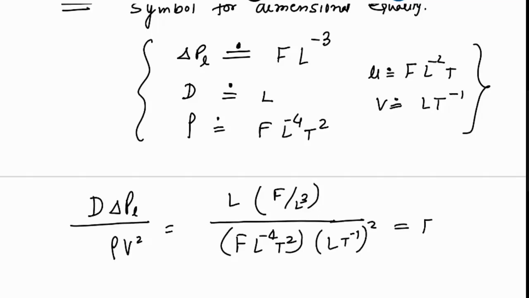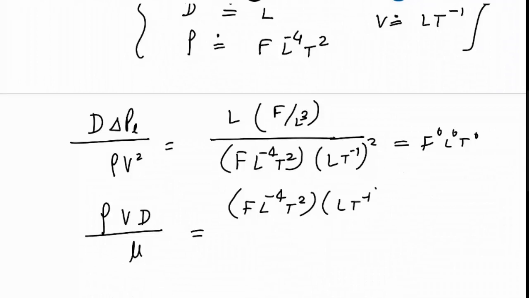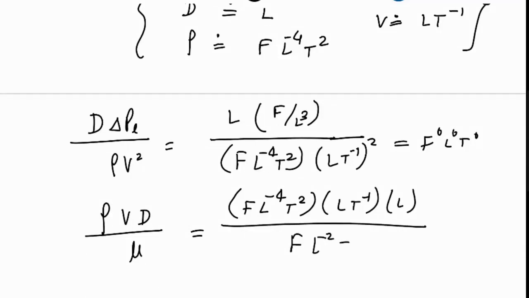You will find FLT each raised to the power 0. Similarly, another dimensionless group that we used is rho Vd by mu. Rho is FL minus 4 T square, velocity is LT minus 1, d is length, and mu is FL minus 2 T. If you plug in all this, please verify yourself.